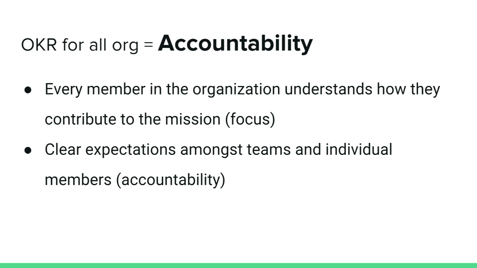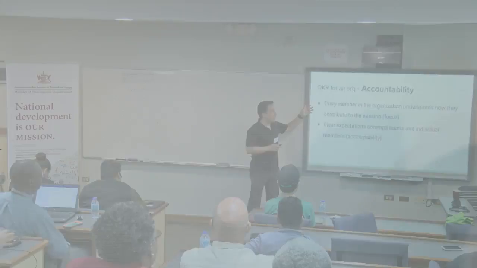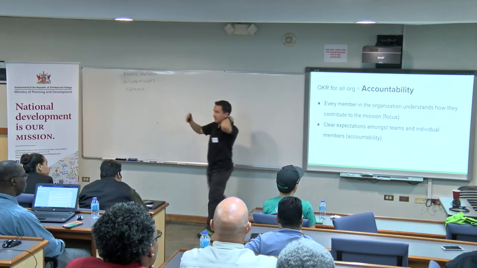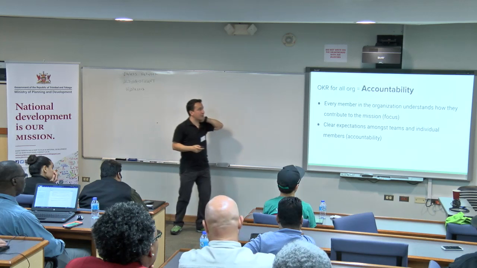Actually, we don't even have jobs like assistants, secretaries, things like that. They are practically non-existent in Google because it wouldn't be challenging. If you have to do the same thing every day, eventually you're going to get bored, and that's not something we want. So this is what I mentioned before. The OKR for the whole organization gives accountability, and that's a good thing.